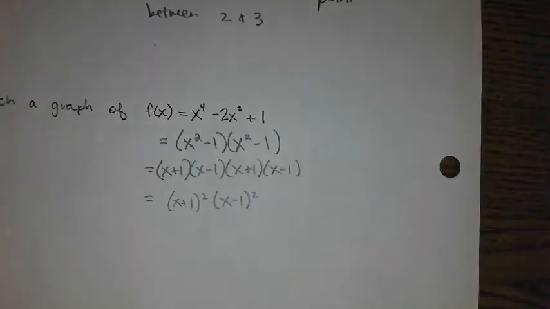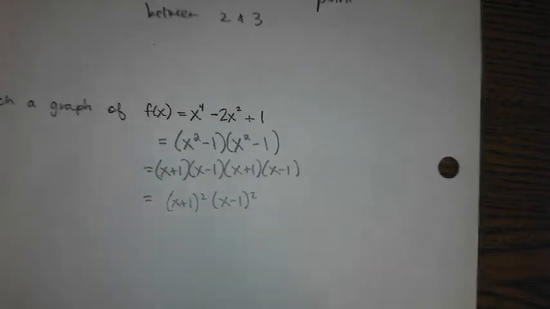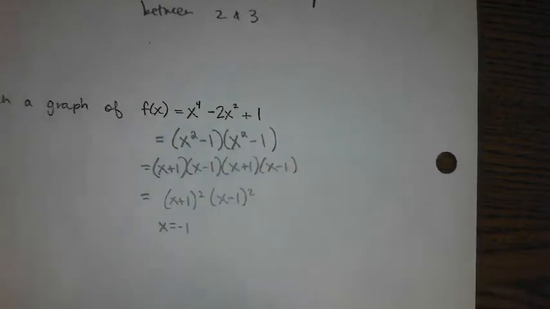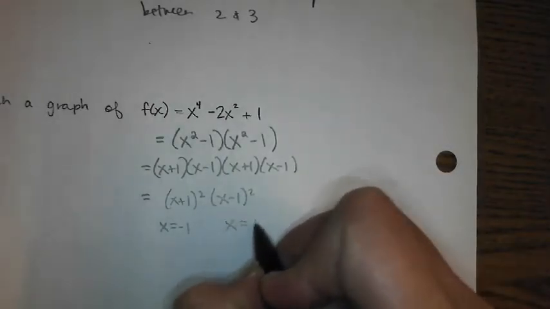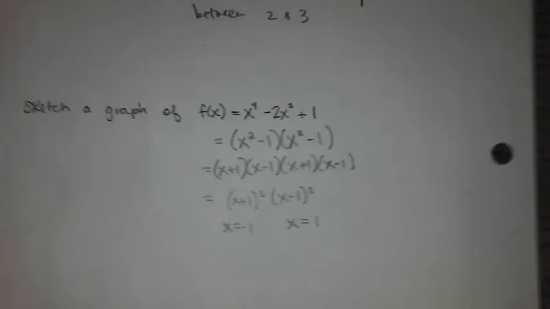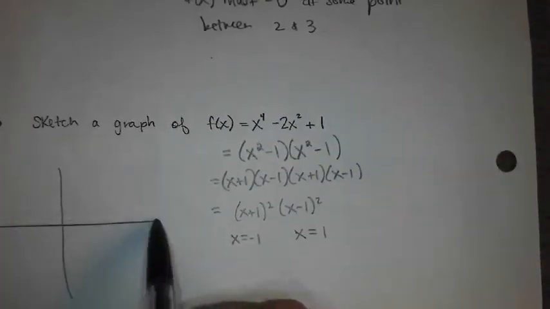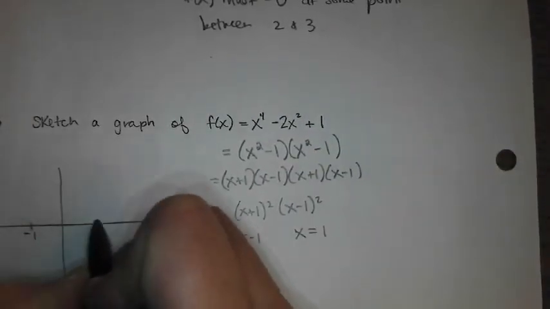So how many roots do we have? 4. Each has a multiplicity of 2. So we have a root at -1 with a multiplicity of 2, aka a bounce. And we have a root at 1 with a multiplicity of 2, aka a bounce. So here will be -1, here will be +1.